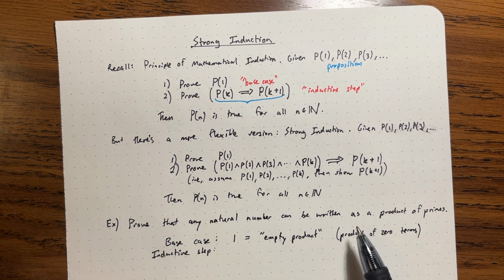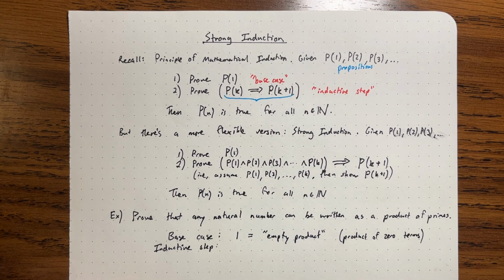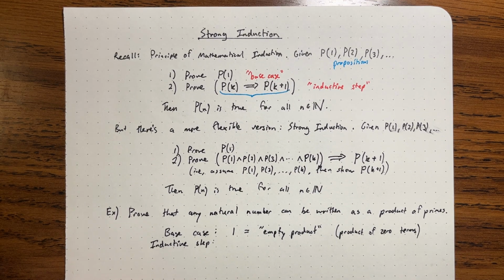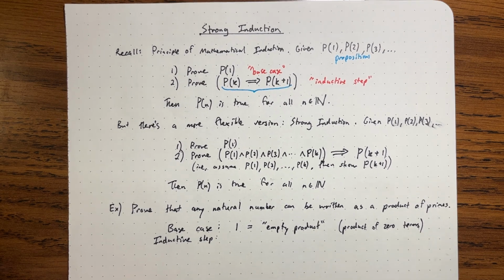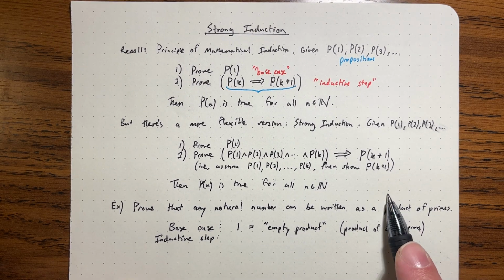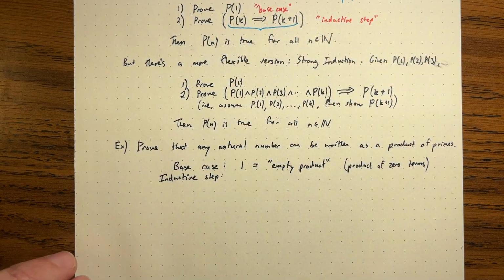Well, what does that tell me about k plus 1, the factorization for k plus 1? Absolutely nothing, right? So there's not really a way to relate the factorization for one number into primes to the factorization of the next number into primes.